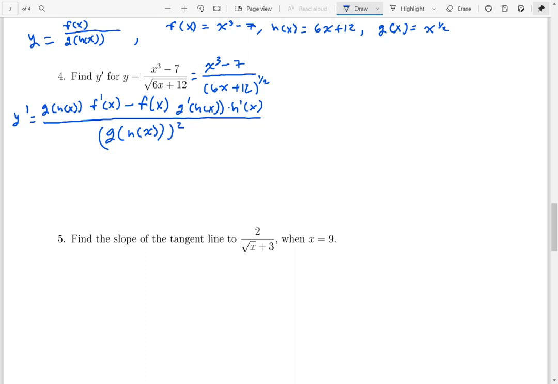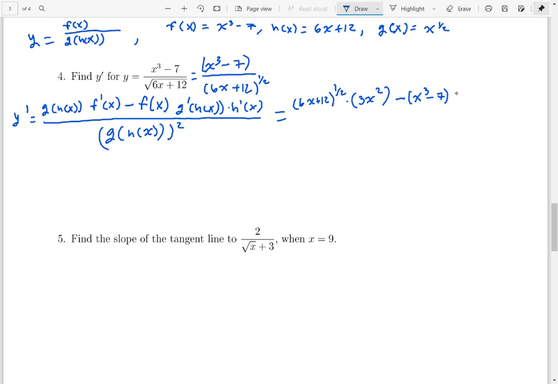quantity squared. Now, g of h of x is going to be 6x plus 12 raised to the 1/2 power times the derivative of the numerator, that's f prime of x, which is going to be 3x squared minus the derivative of 7, which is 0, so I'm not going to write that. Now we're to minus f of x, so that's x cubed minus 7 times g prime of h of x.